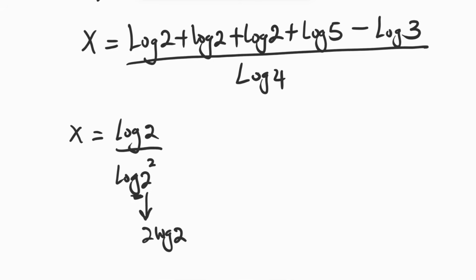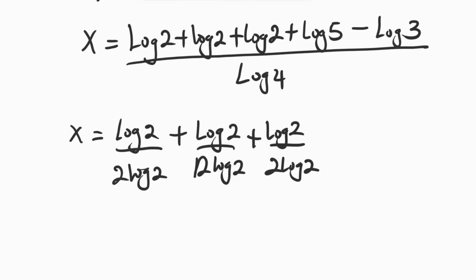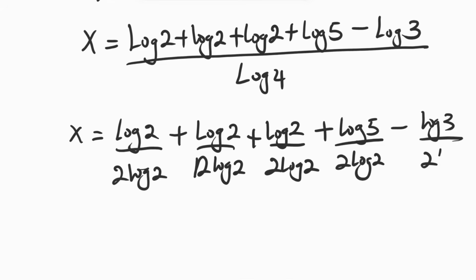Okay, so we can just rewrite this as log 2 divided by 2 log 2 plus log 2 divided by 2 log 2 plus log 2 divided by 2 log 2 plus log 5 divided by 2 log 2, and then minus log 3 divided by 2 log 2.